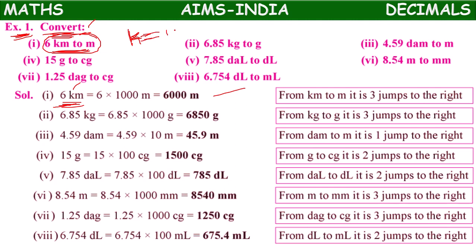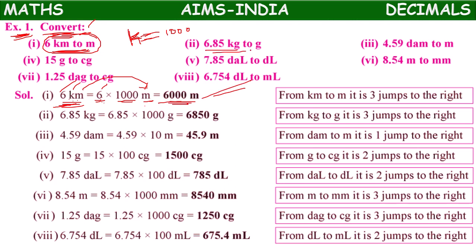Kilo stands for 1000. So 6 kilometers means we can write this 6 as it is, instead of K we can write 1000, and meter we will carry like that only. 6 into 1000 meter, so it is equal to 6000 meter. Like that we can convert.